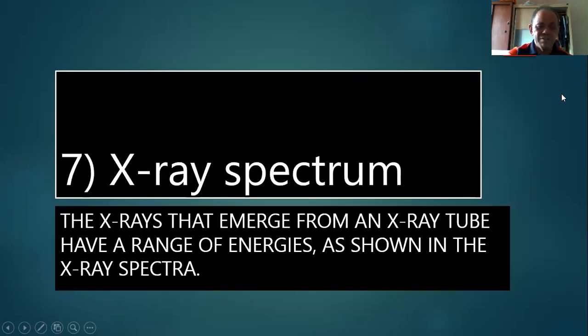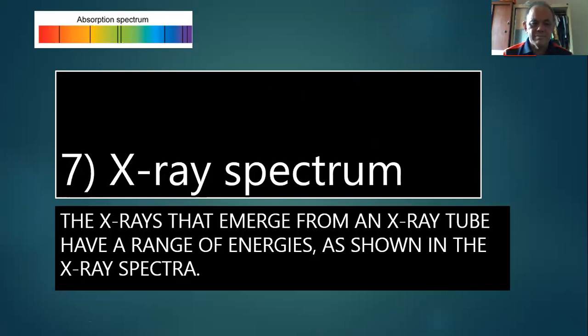X-ray spectrum, of course. Before we can send the X-ray into the human body for diagnosis, we need to know the X-ray spectrum. What are the different frequencies? What are the different wavelengths? Not every frequency is beneficial for the human body. Okay?